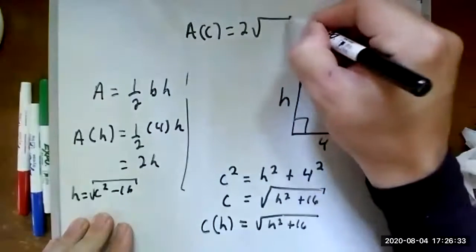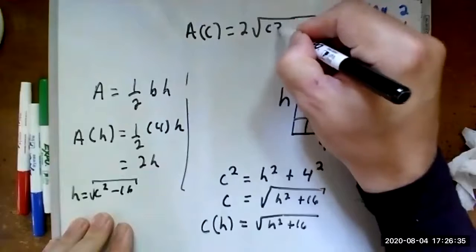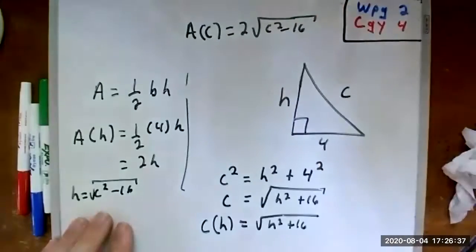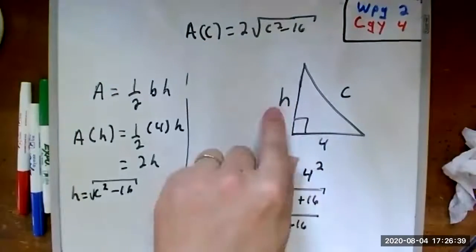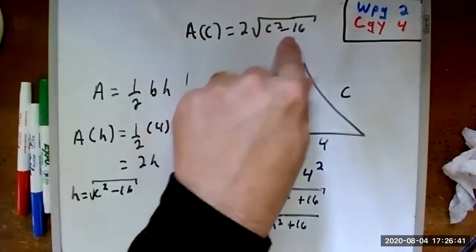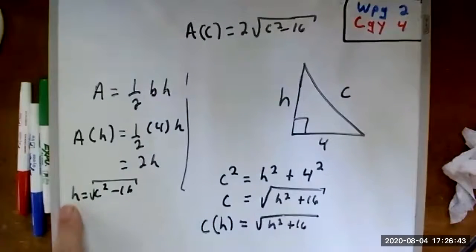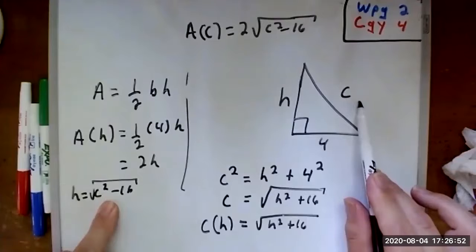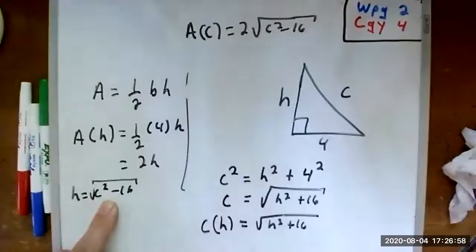The area in relationship to the hypotenuse then ends up being twice the square root of c squared minus 16, because I can replace h with that expression.